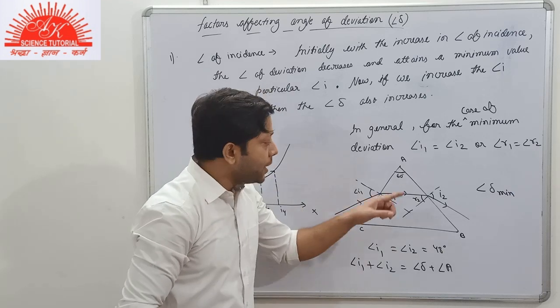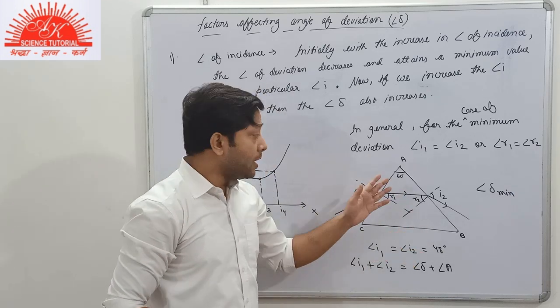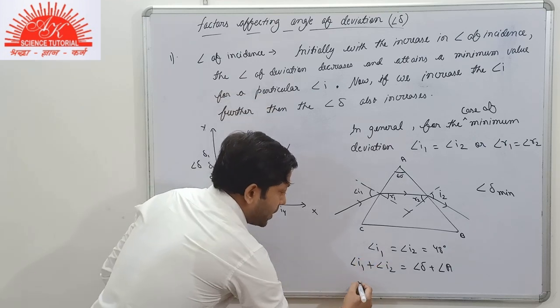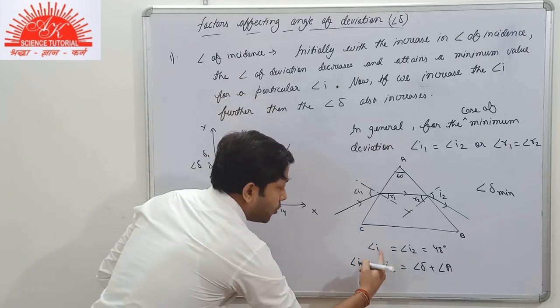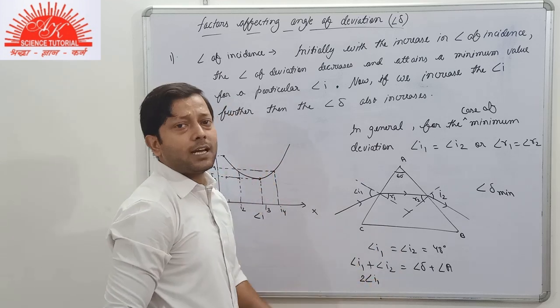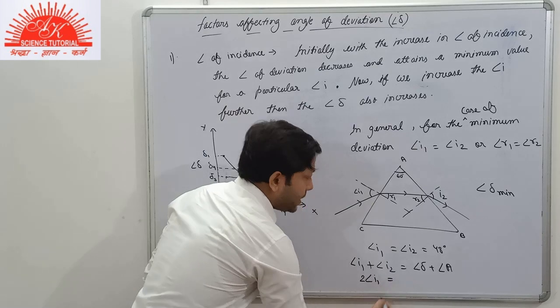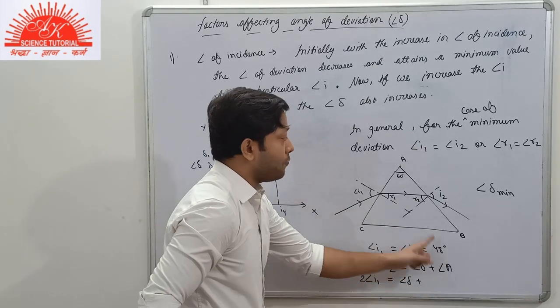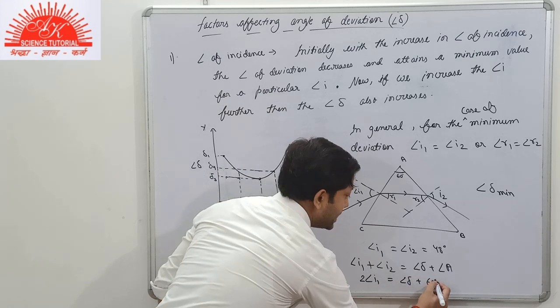It is the particular condition for an equilateral prism only. So we know about this part. What can we write here? I1 and I2 are both equal. So we can write twice angle I1 or twice angle I2 is equal to angle delta, and we know the angle of prism also, that is 60 degrees.